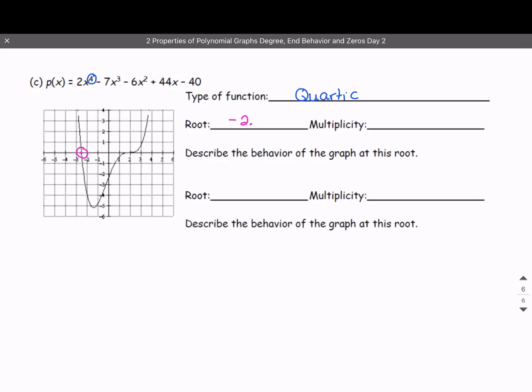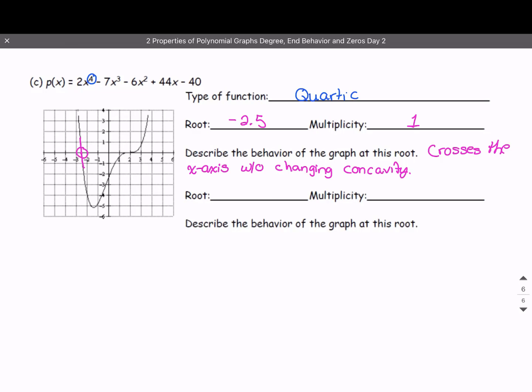So at -2.5, I've got a root. And if I look at the behavior of the graph, it's cutting through the x-axis. So it crosses the x-axis, but the curvature or the concavity is not changing. And we'll talk more about this concavity in class, so not to worry. So that means that the multiplicity is 1.